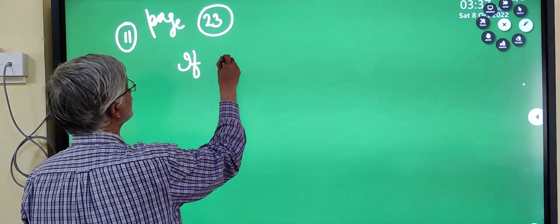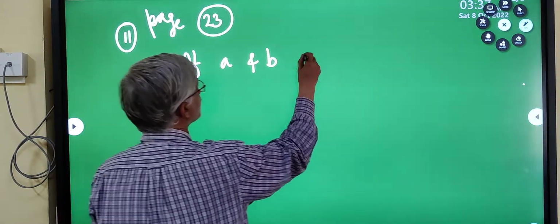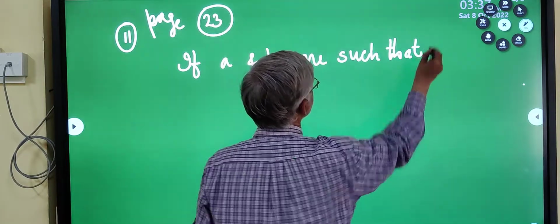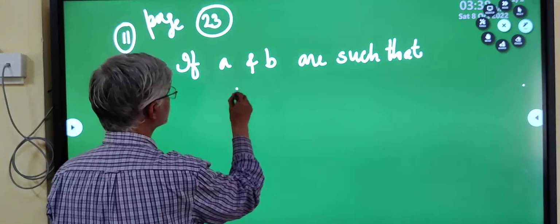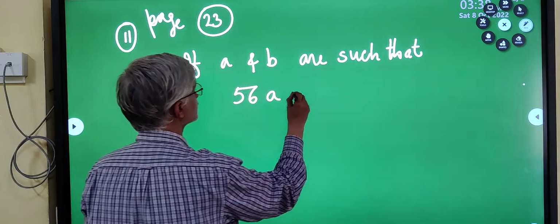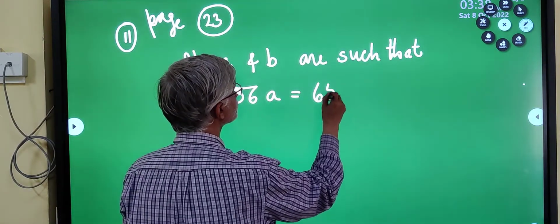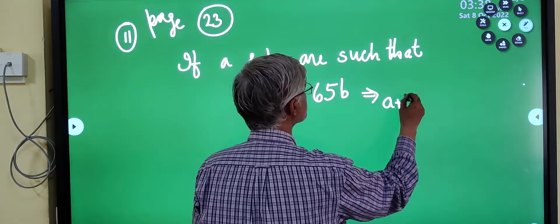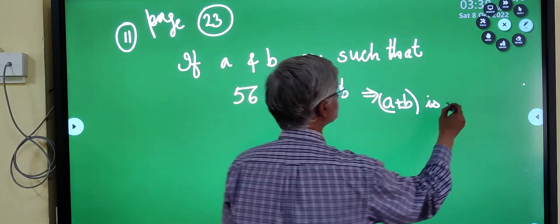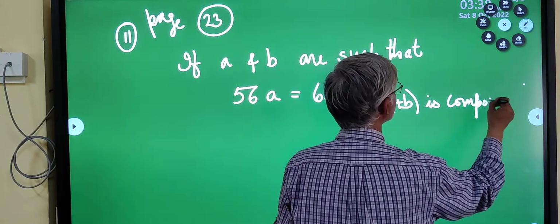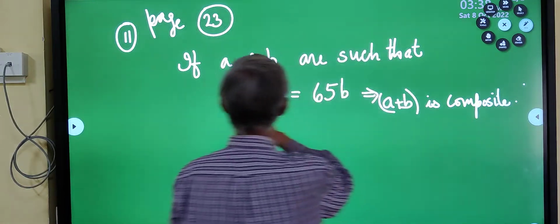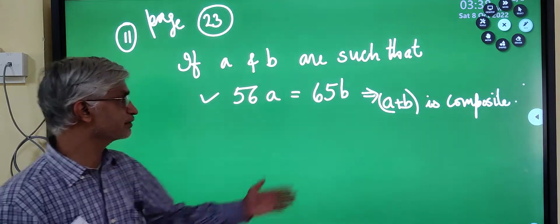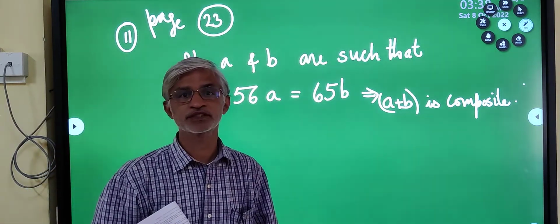If A and B are such that 56A is equal to 65B, this implies A plus B is composite. So we have to argue that given 56A is equal to 65B, A plus B cannot be prime, but it is composite.